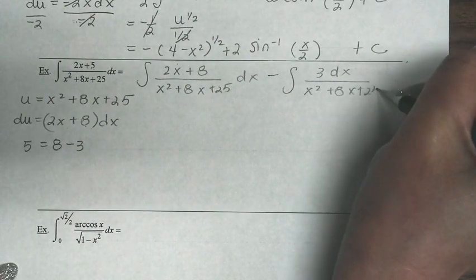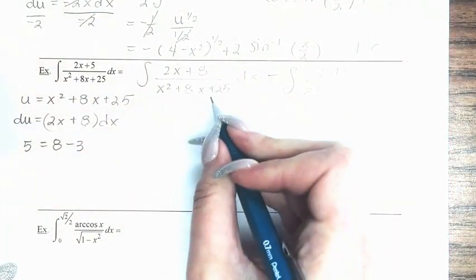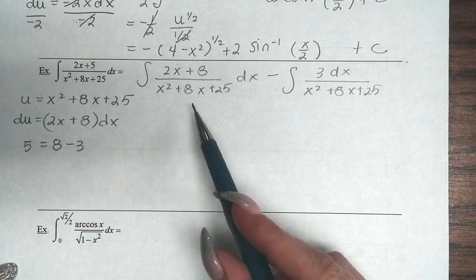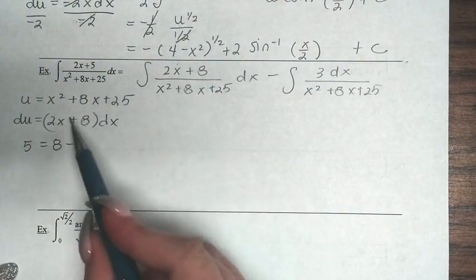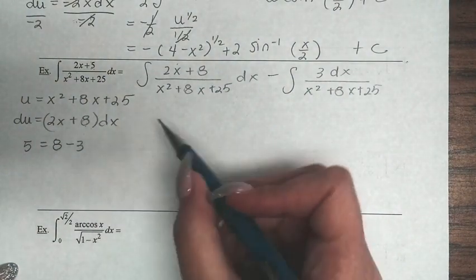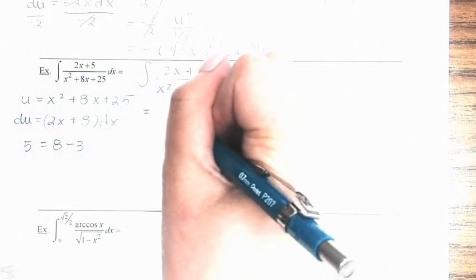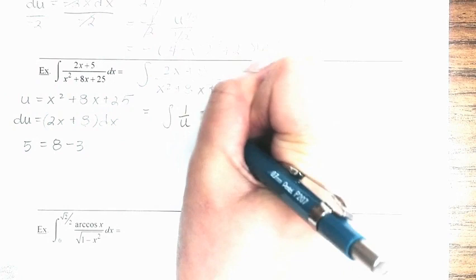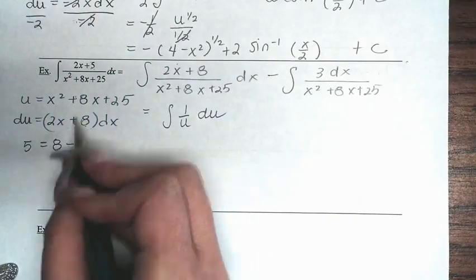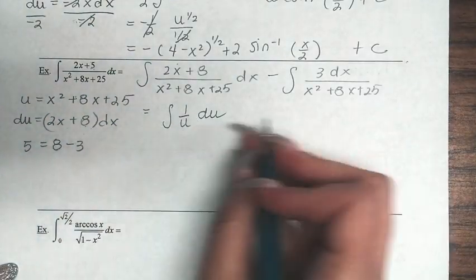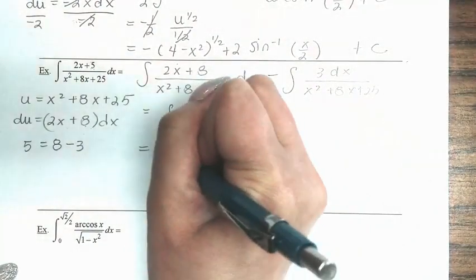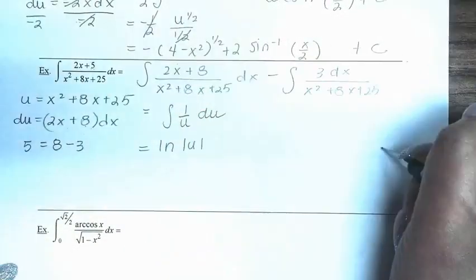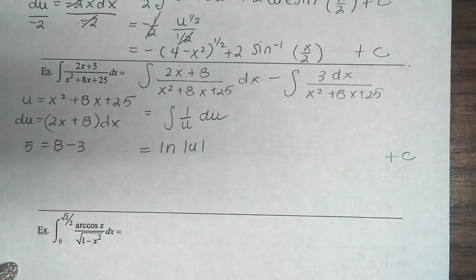You see it? So this part, I'm very happy. Why? Because I know that this one is going to be a u substitution. This part is going to be equal to the integral of 1/u du, which you know is the natural log of the absolute value of u, and then you have the plus c somewhere there.